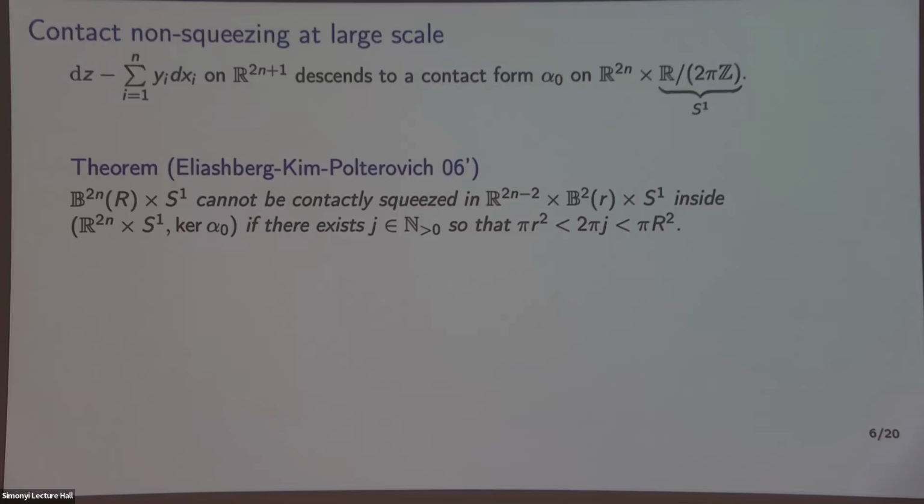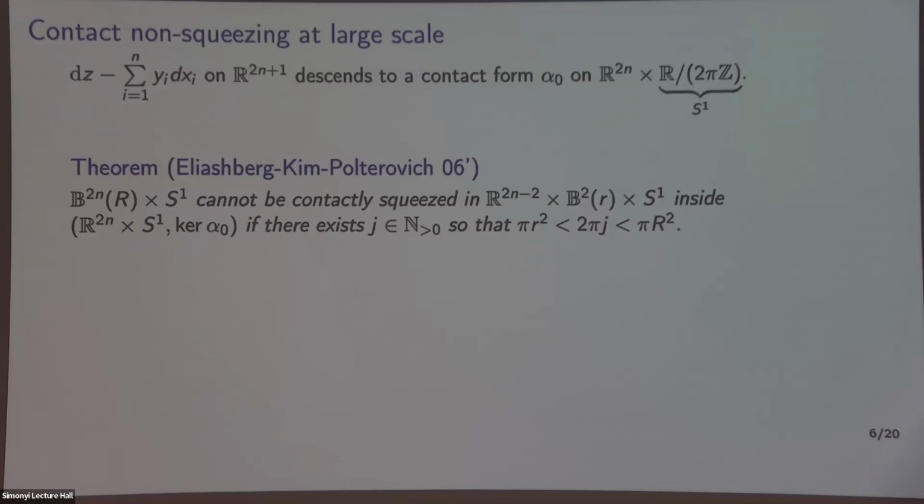Okay. So this theorem is not true if you replace the S^1 with the real line, from what we just said. Yeah, exactly. Here this topology S^1 is important. So in R^(2n+1), you can squeeze everything, but in R^2n times S^1, it won't be possible anymore, thanks to this theorem of Eliashberg, Kim, and Polterovich.